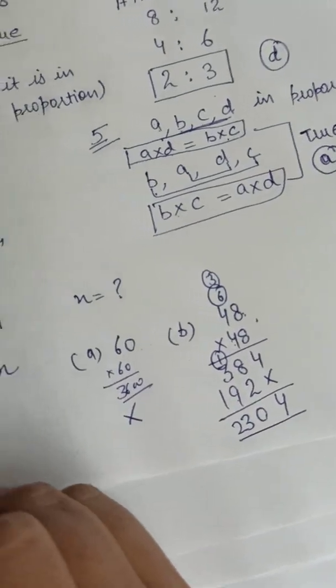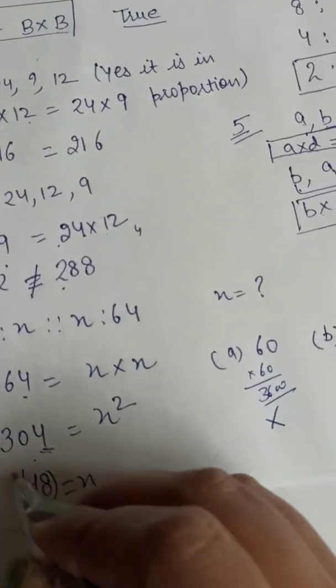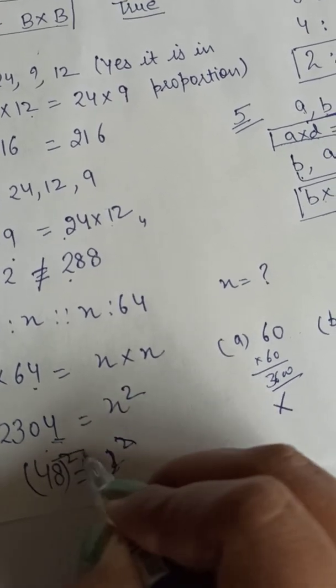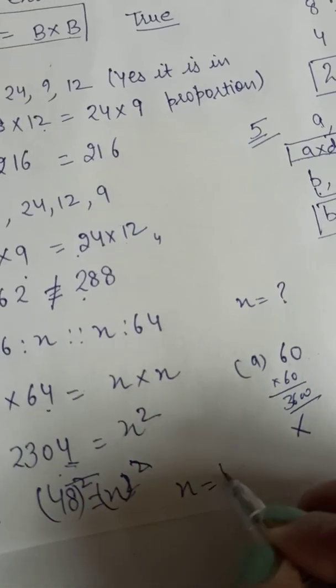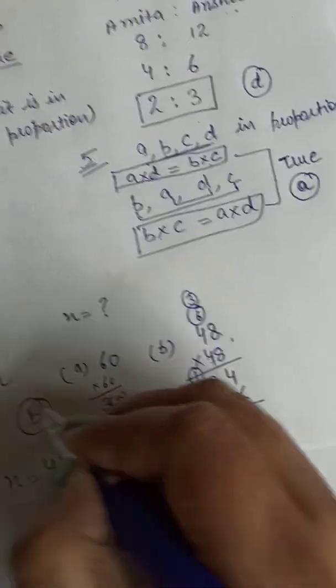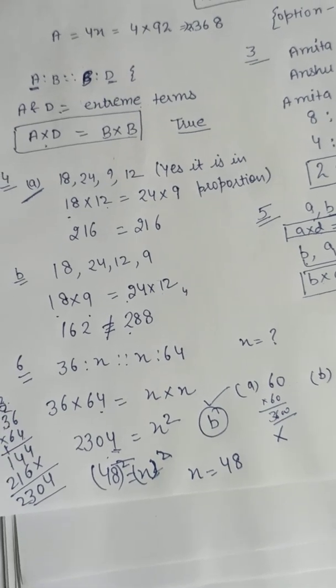So it means it is equal to 48. Because this is also the square of 48, x square and square cut by square, the value of x equals 48. It means the answer is option B. Clear beta?